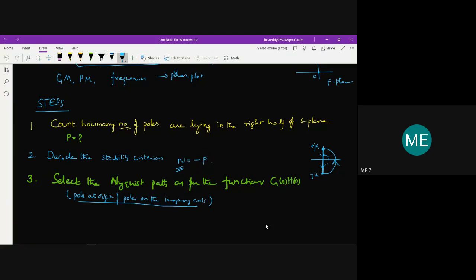And then the fourth one is, once you find this, it has to be divided into sections.